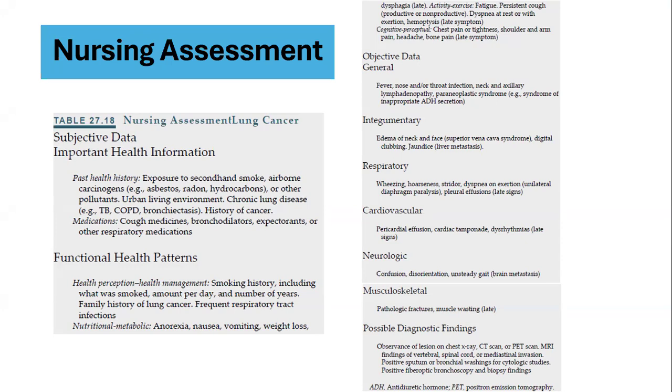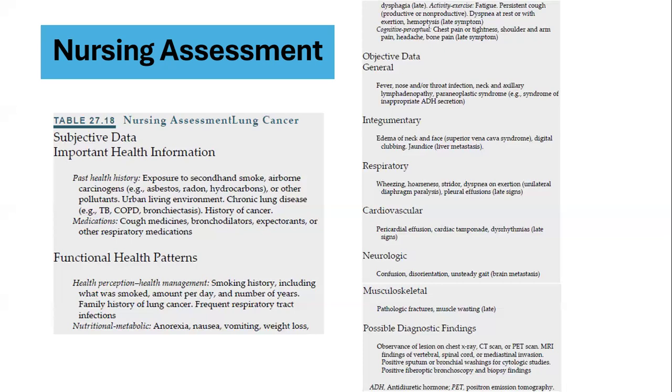It's really important for you to assess the patient's level of anxiety and support provided by the patient's significant others or family. That's why the subjective and objective data should be obtained from patients with lung cancer as described in this table. There are several data that you need to gather.